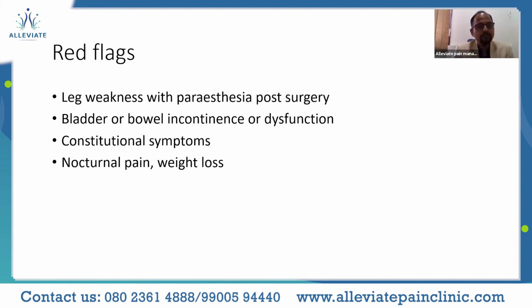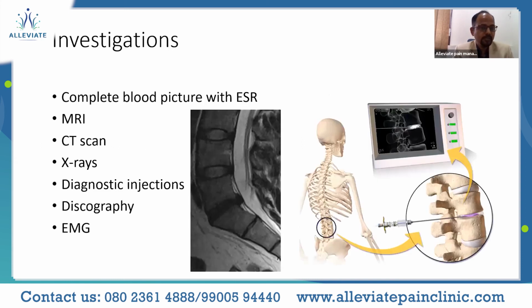and accordingly you have to find evidence with the investigations, or if it is on an emergency basis, you do have to refer to other practitioners or the respective specialties. So now we come to the investigations.